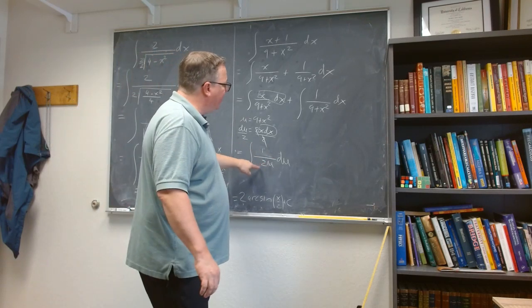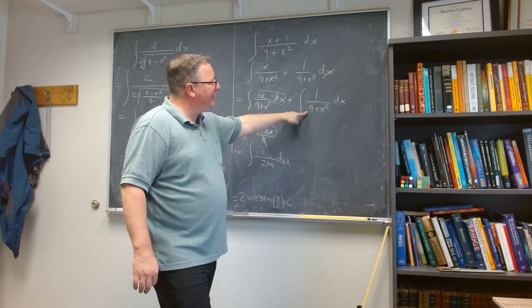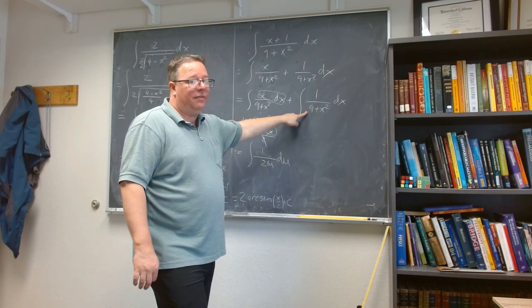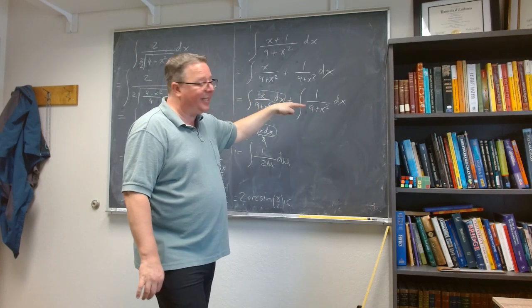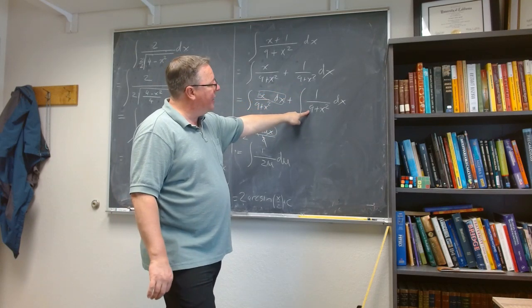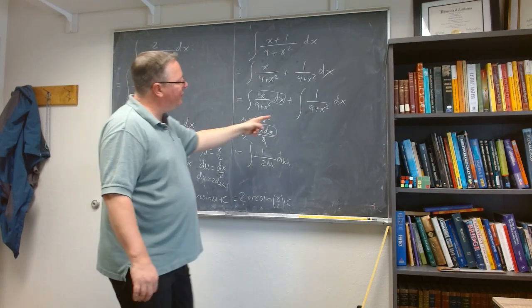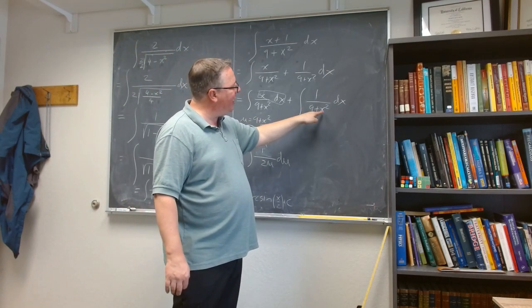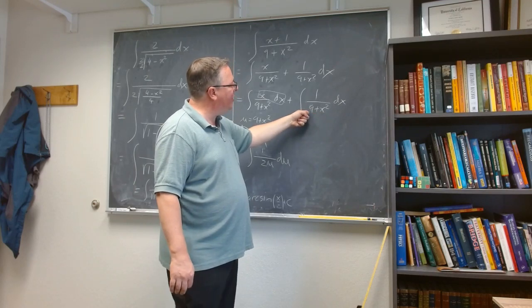The piece we're going to have to worry about, though, is this one here, because this doesn't exactly match the derivative of arctan. The derivative of arctan is 1 over 1 plus x squared, and here I have a 9. So I have to do the same trick that I did here. I'm going to have to bring this 9 underneath the x inside the square in order to change this into a 1.